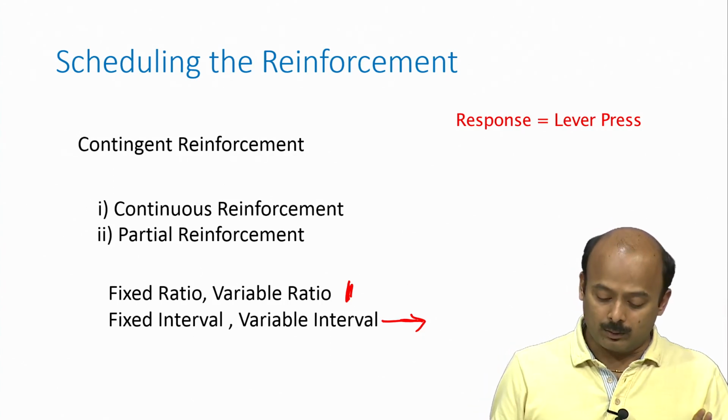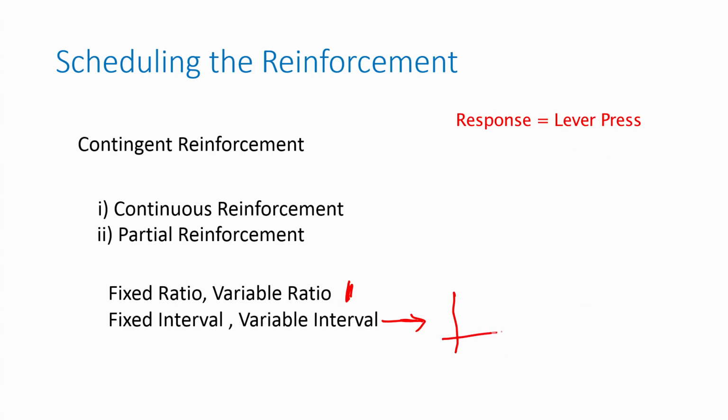So, the experiment starts here, and we are following in time. What this fixed interval means is that you are determining a time. This is the first instance, let us say, where we have reinforced, there is food. From this time until some time tau, that is our fixed interval, no matter how many times the animal responds, there is no food, there is no reward.